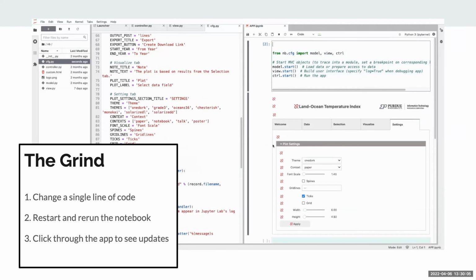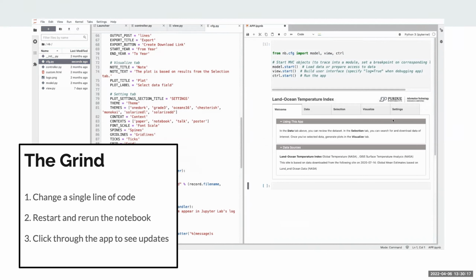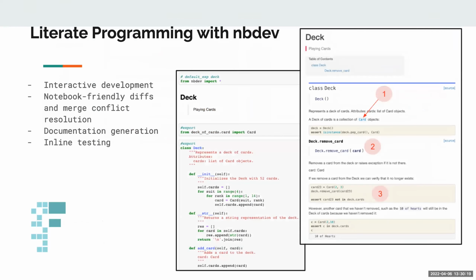So I finally found a solution after listening to a podcast. The solution is called NBDev, standing for Notebook Development, and it allows you to develop all your code within notebooks and then export that code to Python files.